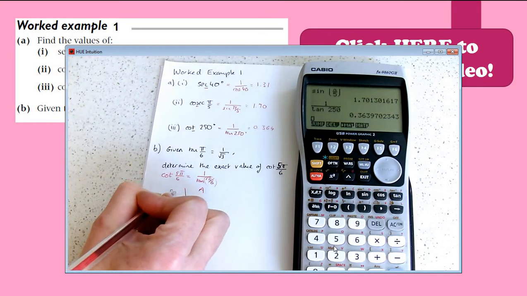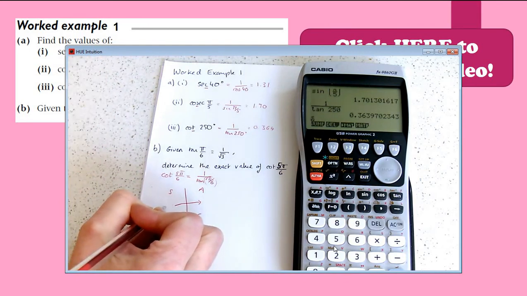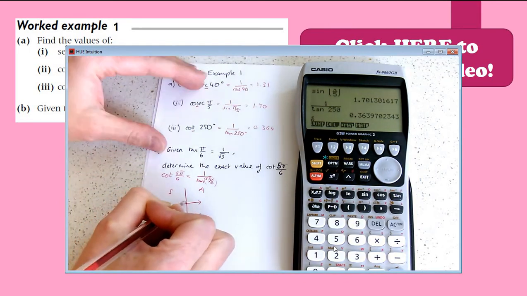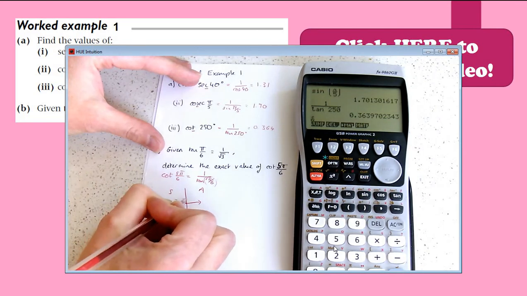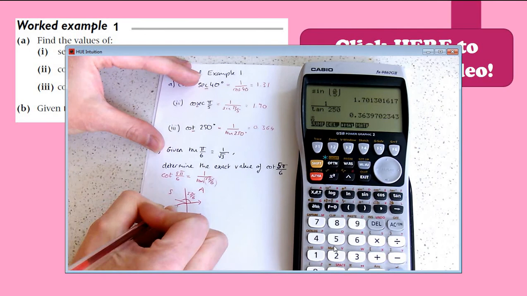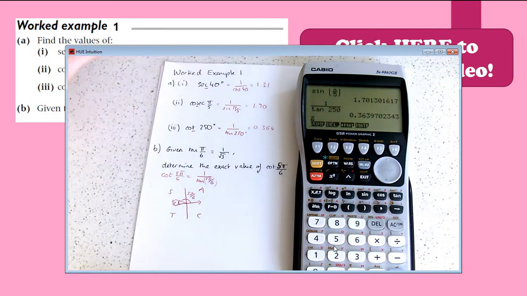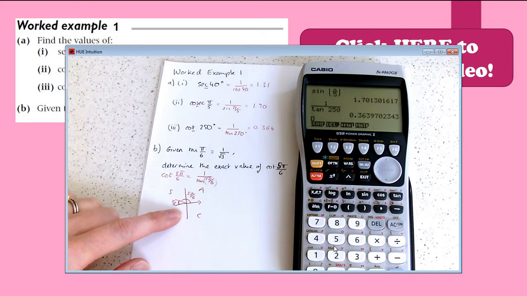If we kept going to the other side of the x-axis, that would be a full pi, 6 pi over 6. So we know that 5 pi over 6 lies in this quadrant, and the spare bit here is pi over 6, which is great. So the angle made with the x-axis is pi over 6.